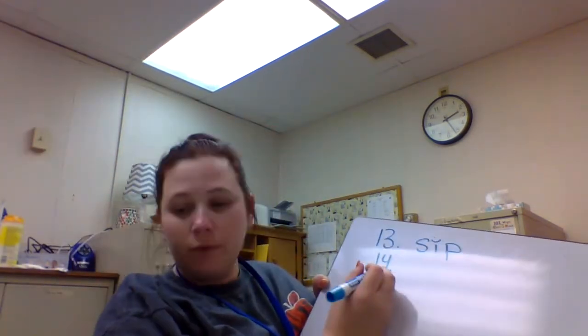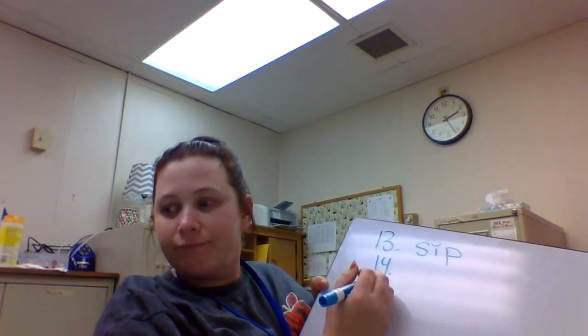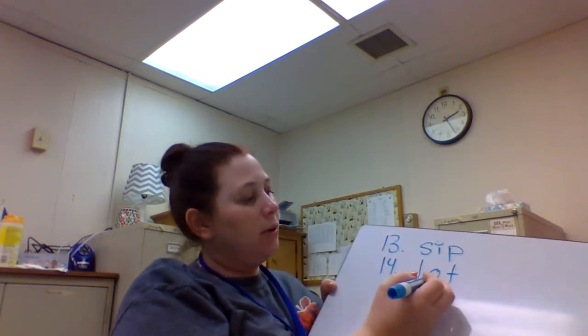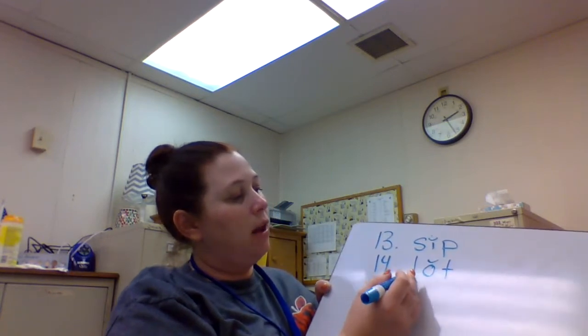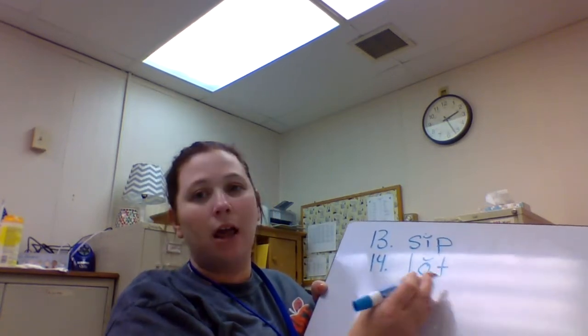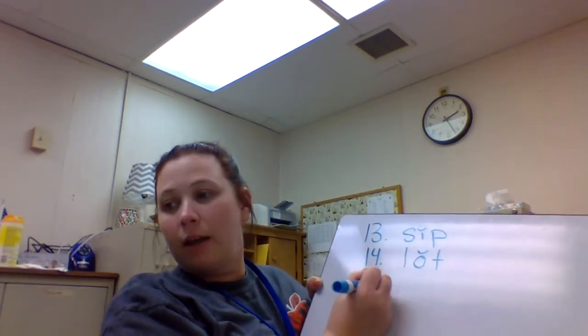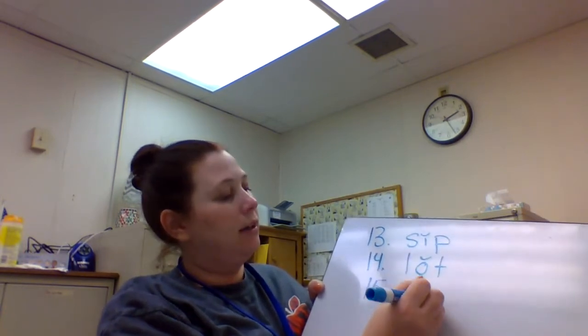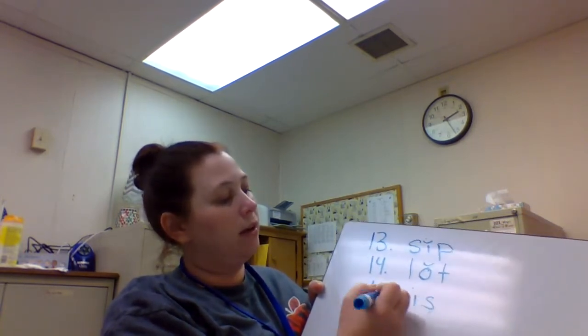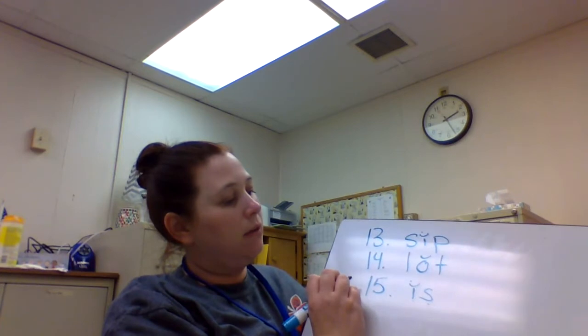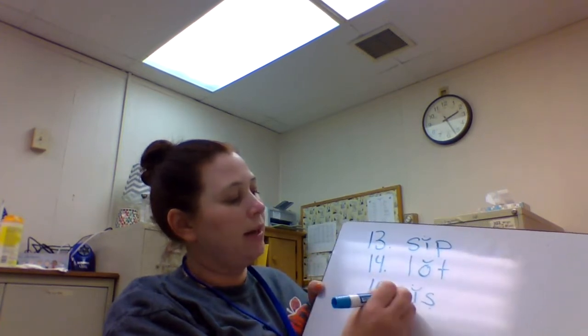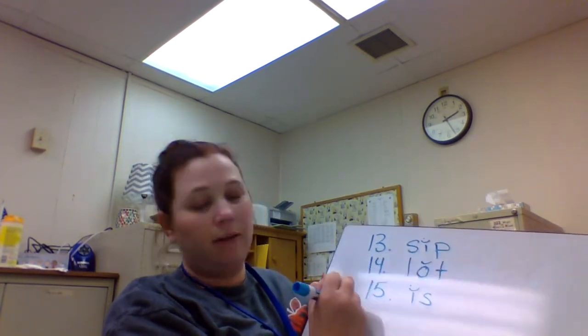Number 14. Lost my place. Oh, lot. L-O-T. Here we have a vowel and a consonant, so it gets a brev. Lot. And number 15 is, again, we have just a vowel and a consonant. It gets the brev, and it's is.